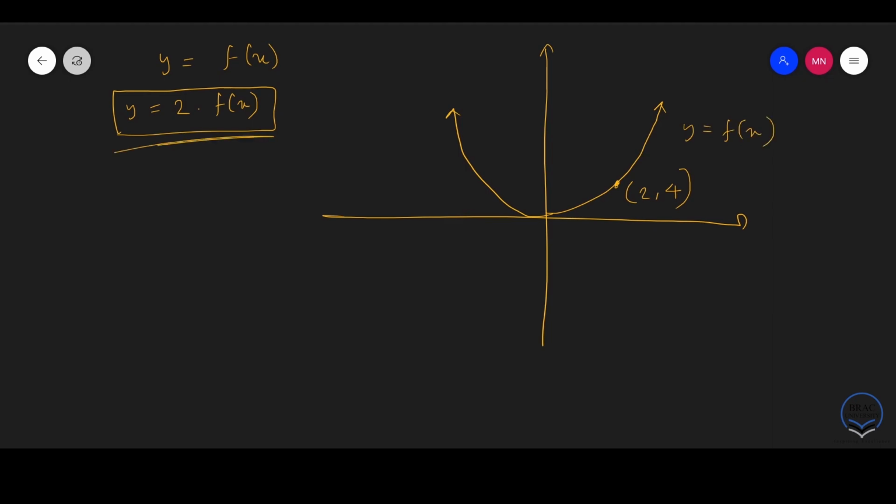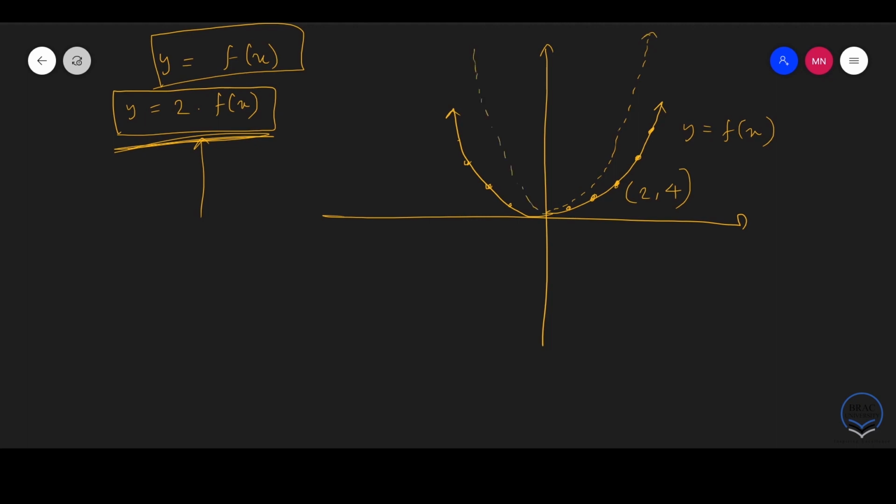Then if we were to graph this function, all we would do is multiply each of the y coordinates of the original graph by a factor of 2. So this graph is just scaling this graph vertically by a factor of 2. So we will get a new graph that looks like this.